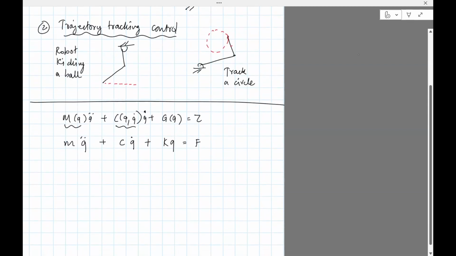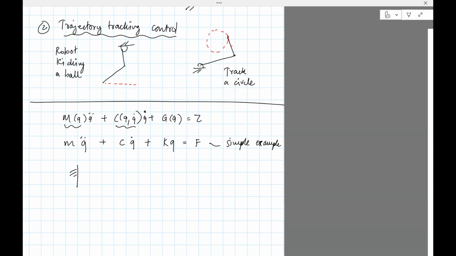This is the simplest way of doing it, just a simple example. So what are these equations? Equations of a spring mass system.